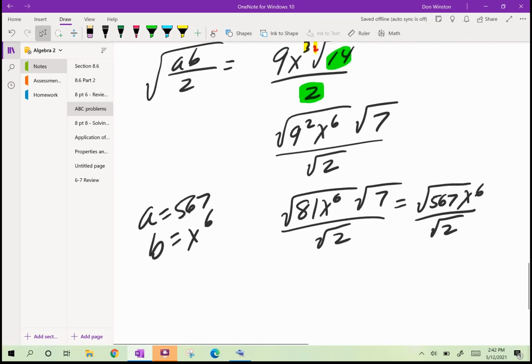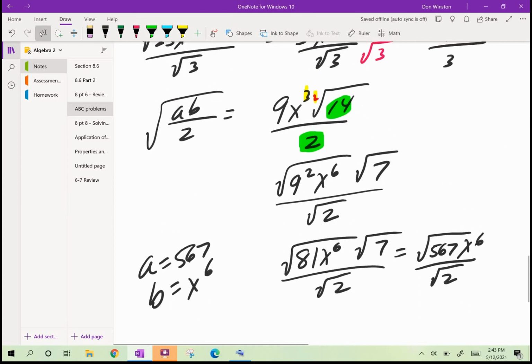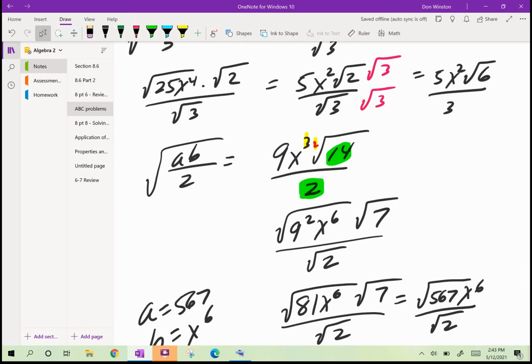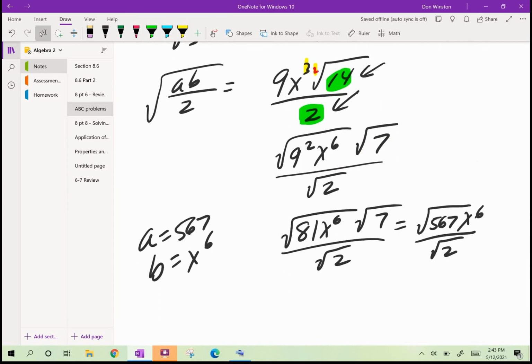These are a little more difficult, but all you have to do is keep in mind that you're just going to take that and divide it by that, and that will give you your missing number underneath the radical, and then you'll just simplify. 9 squared is 81, x to the 6 times root 7, which is root 567 x to the 6, all divided by root 2.